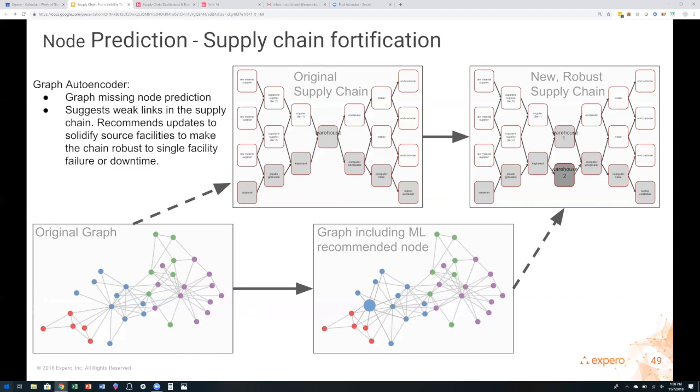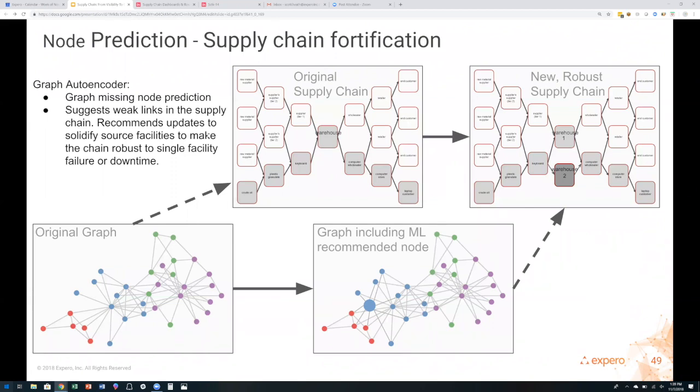When we encode both of those pieces of information simultaneously into an analysis using both graph and machine learning, we're able to increase the accuracy of our make, cut, move optimizers and algorithmic planning software with respect to traditional methodologies. So that's what we do at Expero in the supply chain domain.